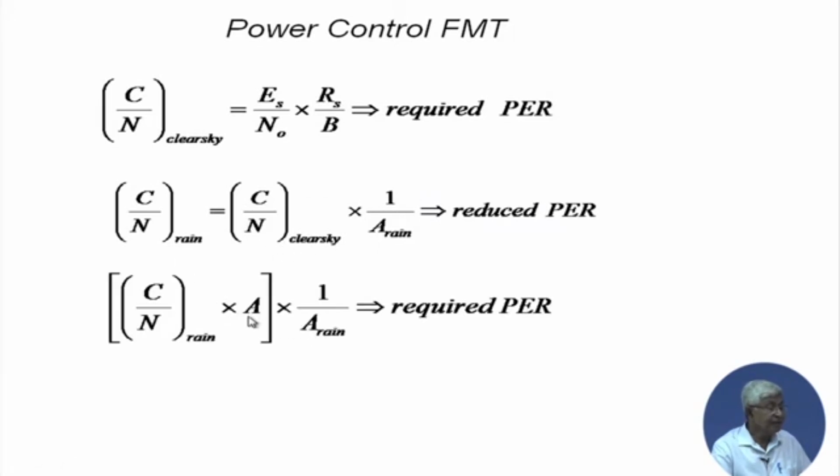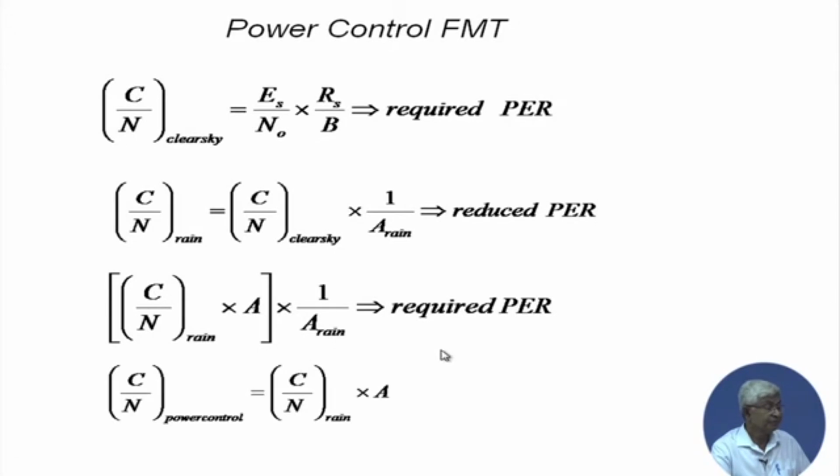So we have to multiply it by A so that you get back the required PER: C by N during rain multiplied by A. That means A times the attenuation which was happening, C has to be increased by this many dB, A dB. Though it is shown in ratio, C has to be increased by this much amount.